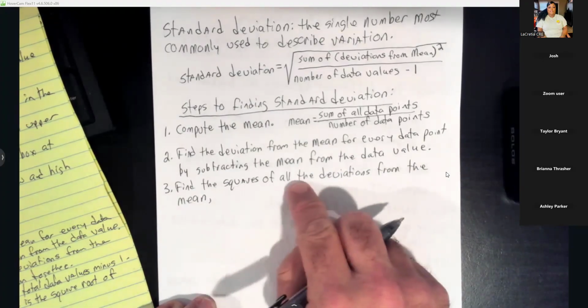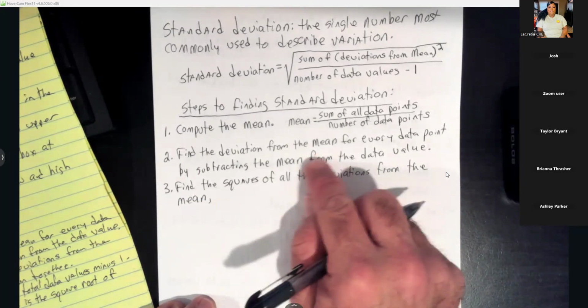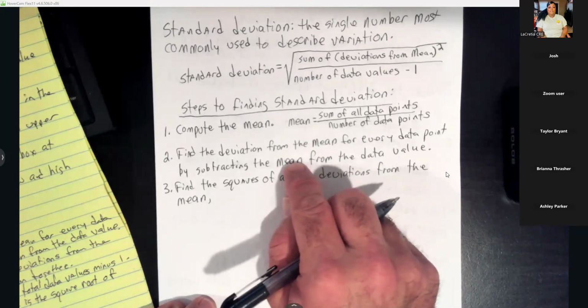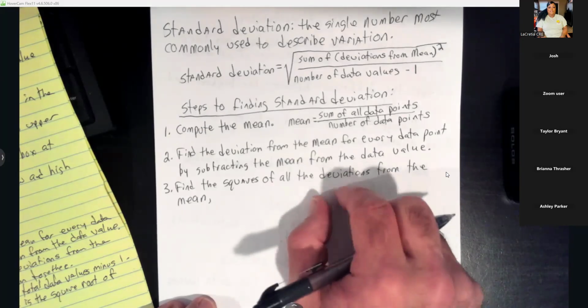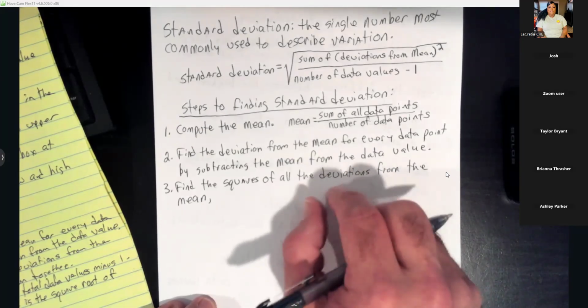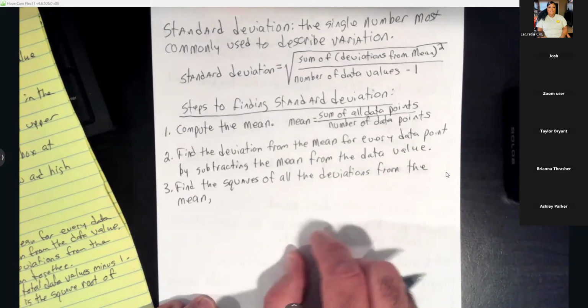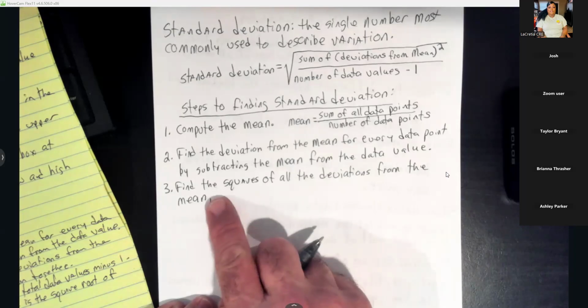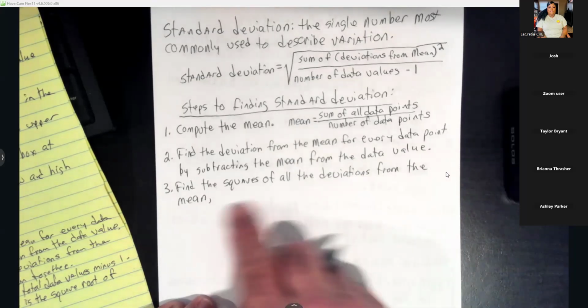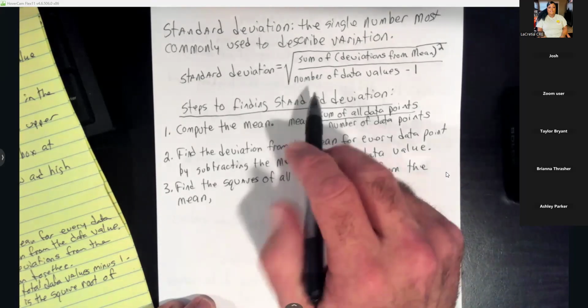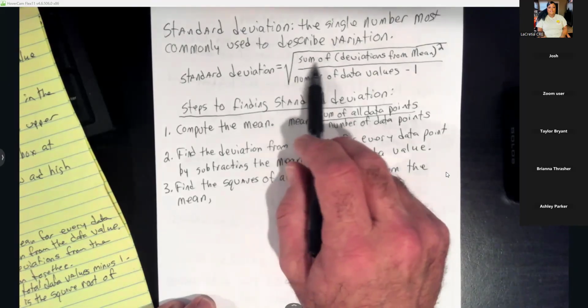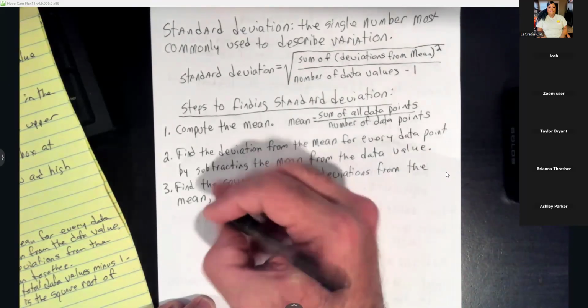So to find the squares of all the deviations, whatever I got when I subtracted the mean, I take those numbers and square them, which means multiply them by themselves. So now, once I find the squares of all the deviations from the mean, we're then going to add them together. That's going to give us our sum.